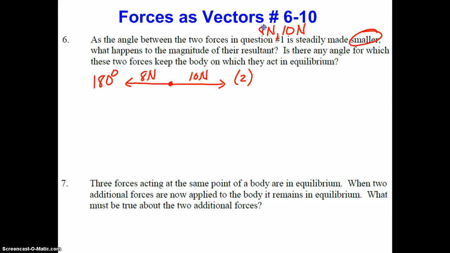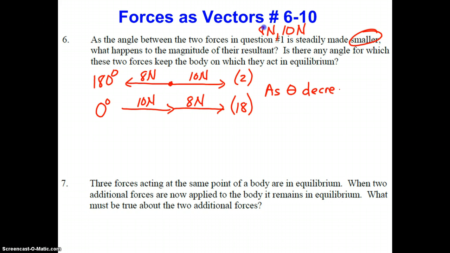The smallest angle that can exist between these two forces would be 0 degrees. Well, if that was the case, we'd have a 10 newton force and an 8 newton force, not to scale, both pointed in the same direction, and this would give us a resultant of 18. So as the angle is made smaller, so as theta decreases, the magnitude of the resultant increases.